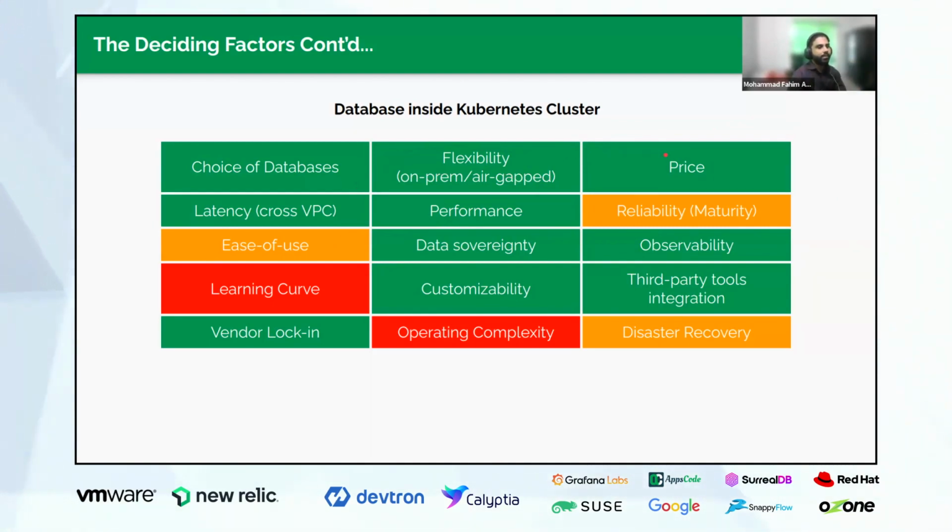Also, if we talk about pricing compared to the other solutions, the pricing is a bit less than others. So it's also a good thing. You will get good performance here. The latency is very low because you are running your application and your database in the same VPC, so they don't have any extra latency.